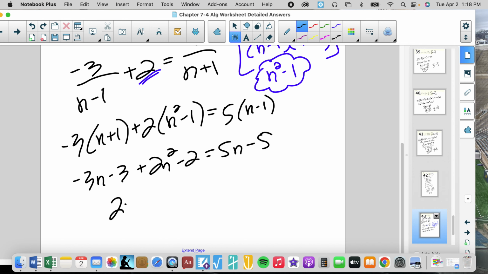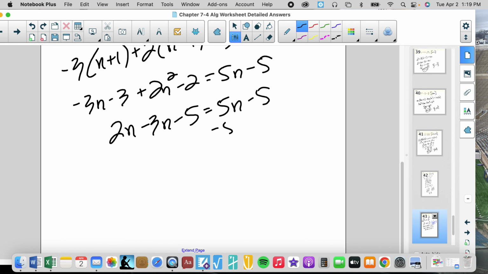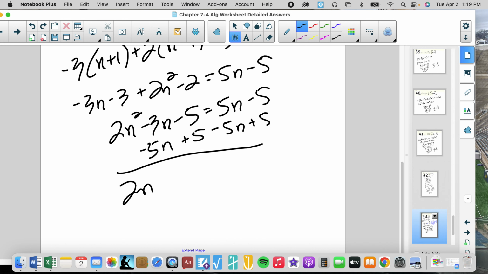Let's simplify. 2n minus 3n minus 5 equals 5n minus 5. Let's move them over. Minus 5n plus 5. 2n squared minus 8n.